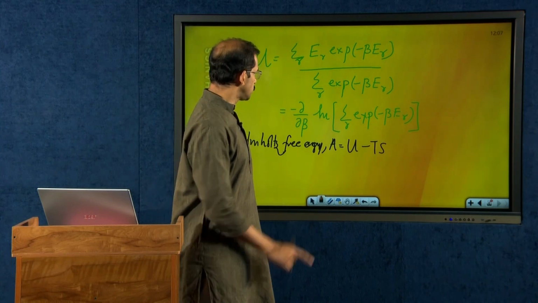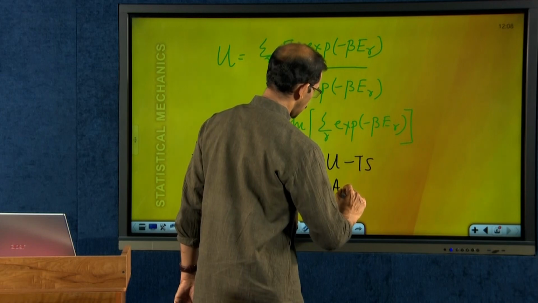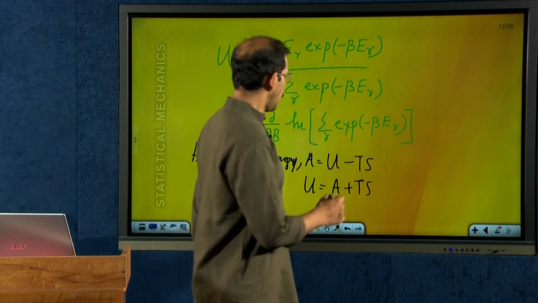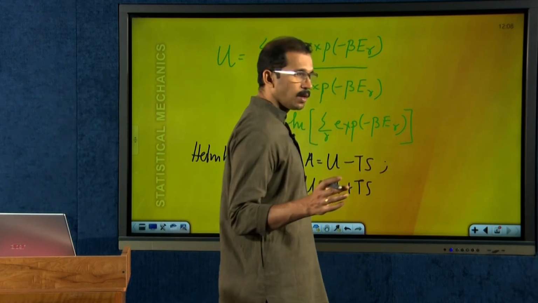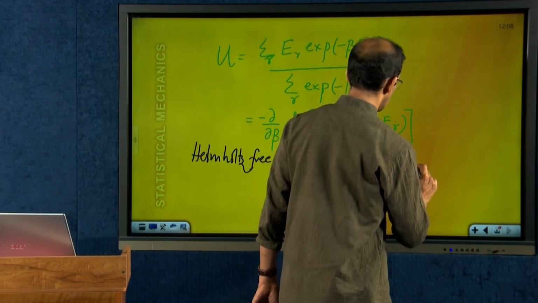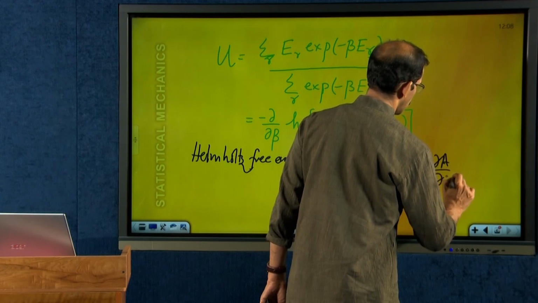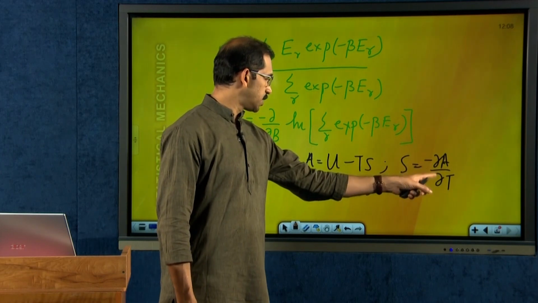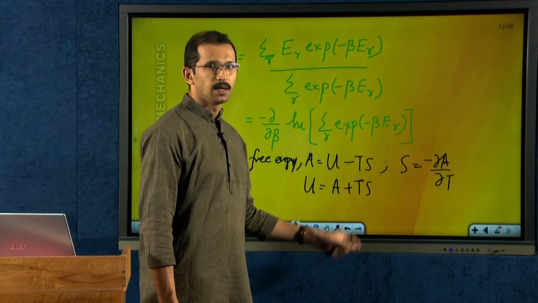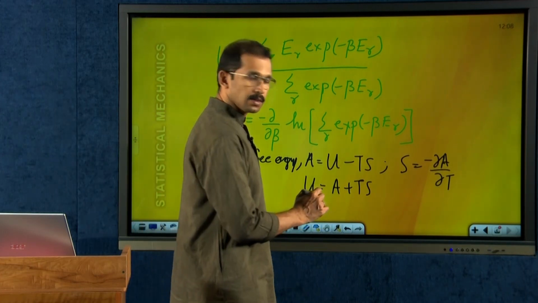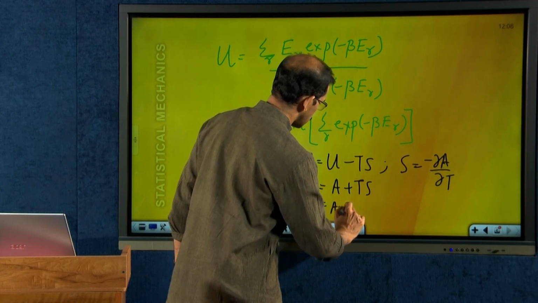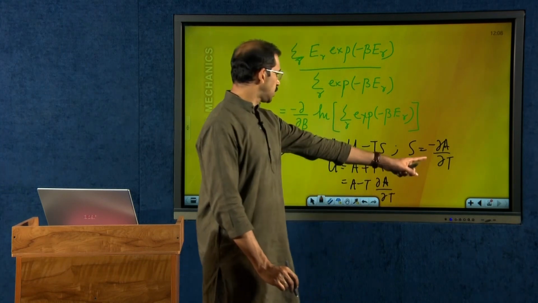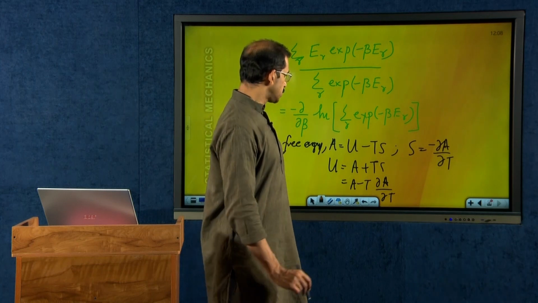This is a very famous expression, which means that I can write U is equal to A plus TS, and the entropy S can be expressed in terms of A, which we have done in our thermodynamics classes probably: S is equal to minus dou A by dou T. We will use both these expressions, S is equal to minus dou A by dou T and U is equal to A plus TS, which means that I can write U is equal to A minus T into dou A by dou T. I simply substituted this over there, right.